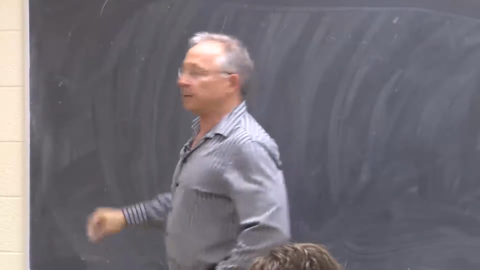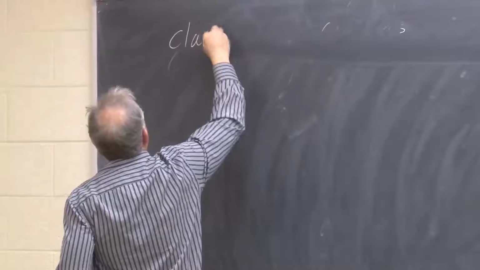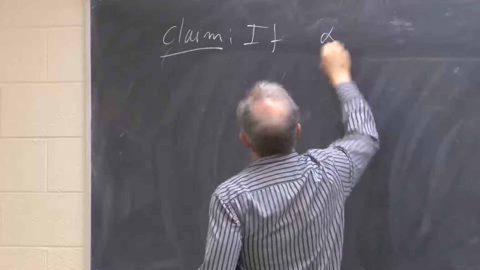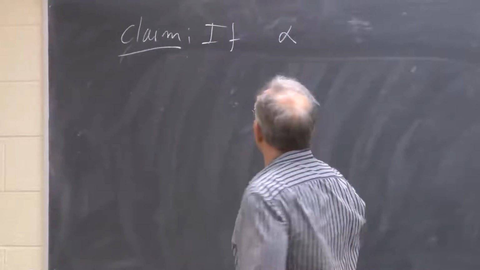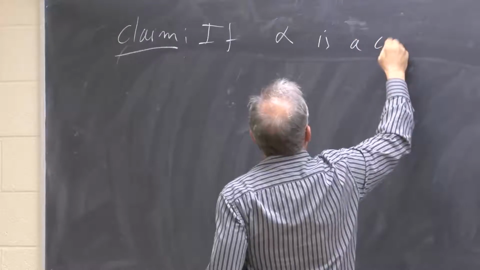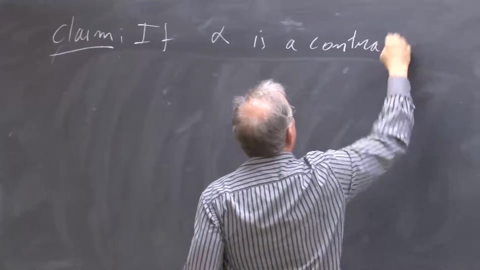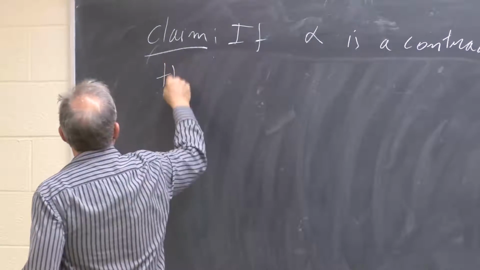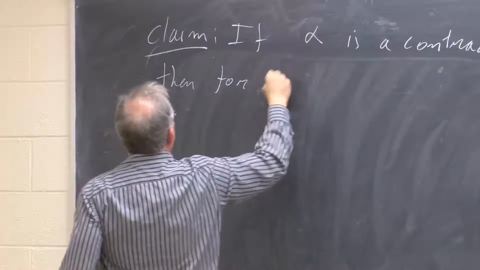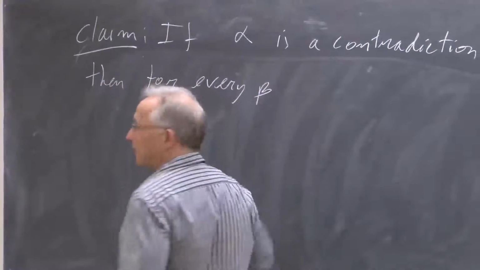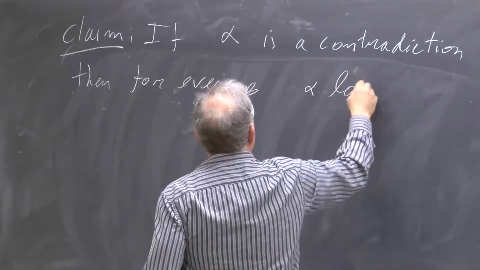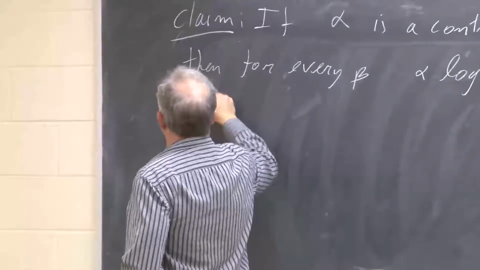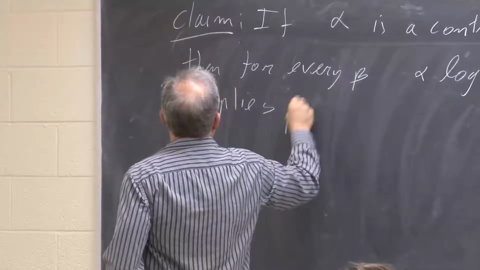So for example, here is another claim: if alpha is a contradiction, then for every beta, alpha logically implies beta.